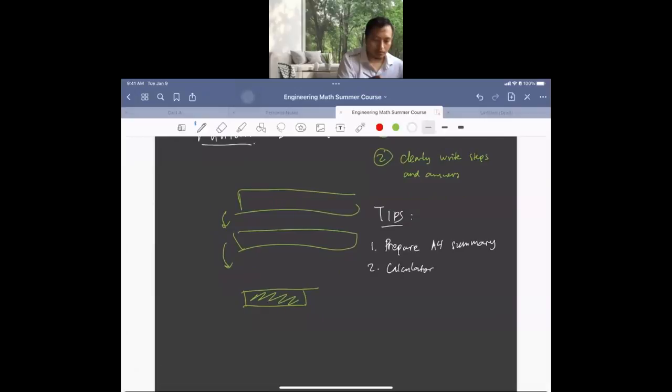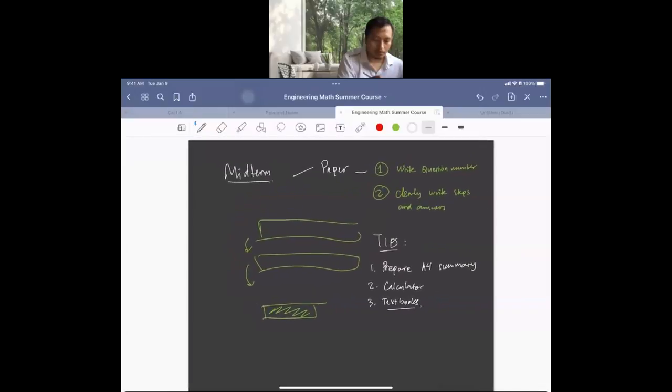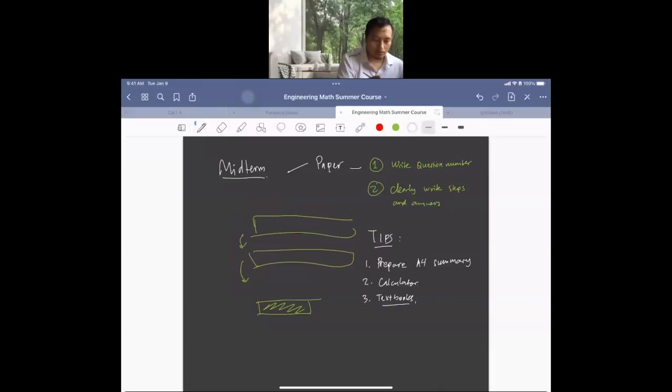Okay. So prepare an A4 summary, a calculator, and then if you have a textbook, you can also prepare textbooks. But textbooks, I think, are not really that important, unless you have one.